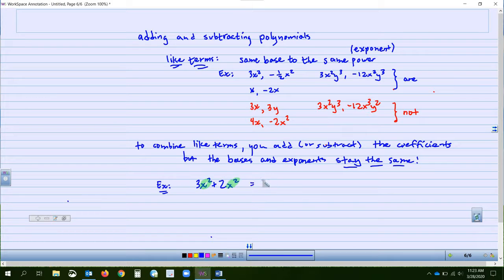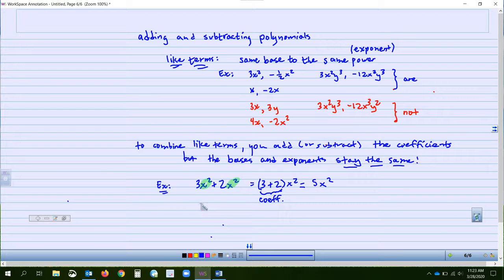So what this really is, is 3 plus 2 times x squared, or 5x squared. We just combined the like terms by adding the coefficients. Those are the coefficients. Let me try that again. C-O-E-F-F period. So those are the coefficients, all right?